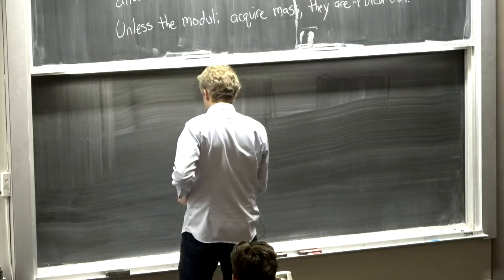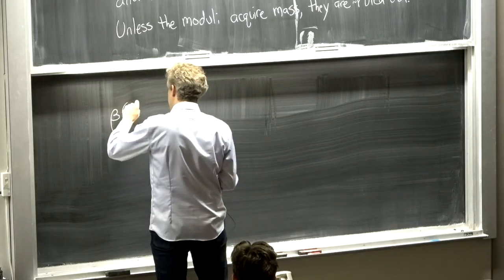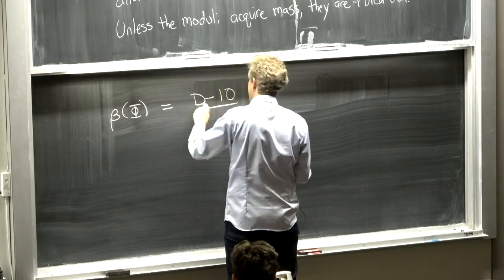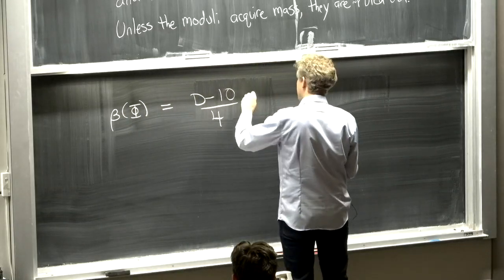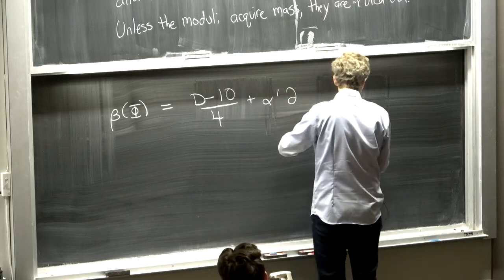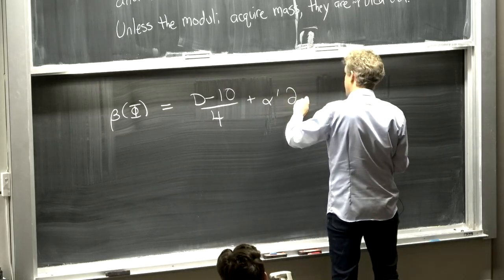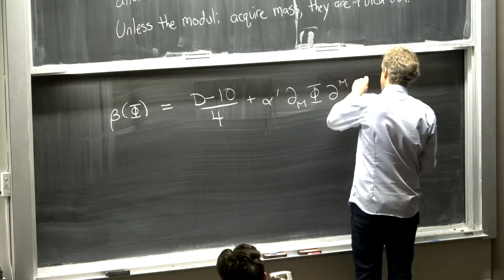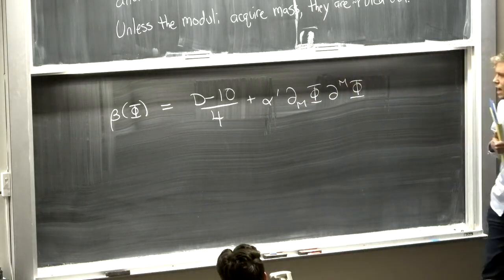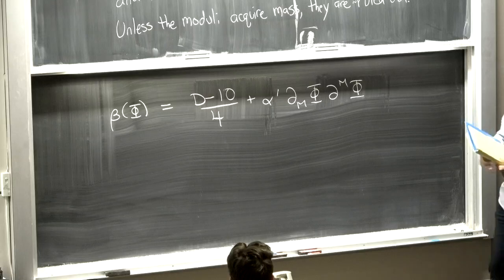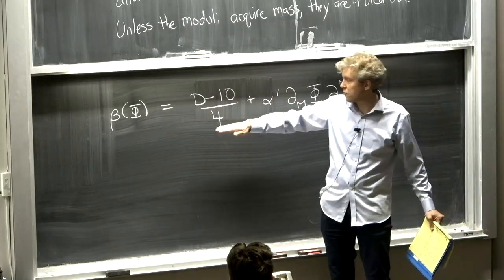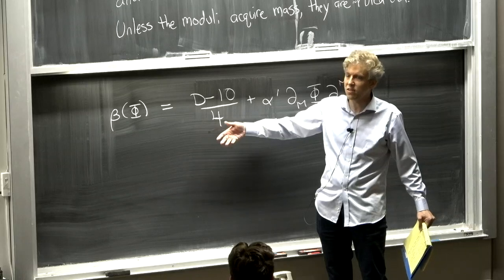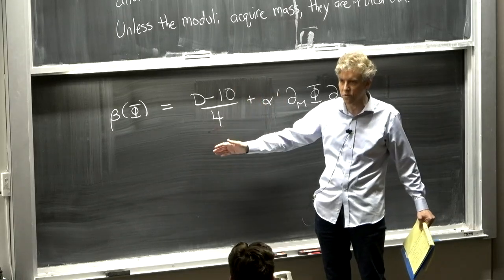So the sigma model beta functional for the dilaton looks like (D-10)/4 plus alpha prime, and then a derivative of the dilaton, in whatever dimension spacetime you're in, and a derivative of the dilaton. And what we normally do is we say, okay, forget about these terms, and let's just look at this. And then the discussion of Weyl invariance tells you that D has to equal 26 for the bosonic string or 10 for the superstring.